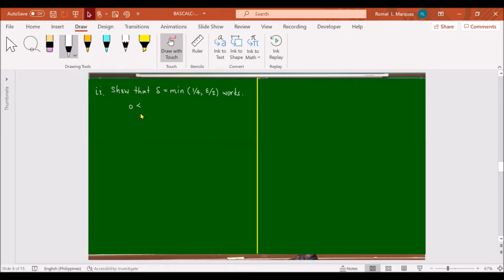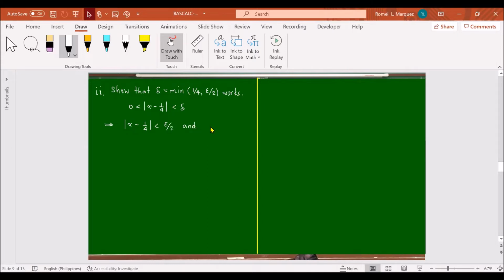So from the hypothesis, we have the absolute value of x minus 1/4 is less than delta. This implies that the absolute value of x minus 1/4 is less than epsilon over 2.